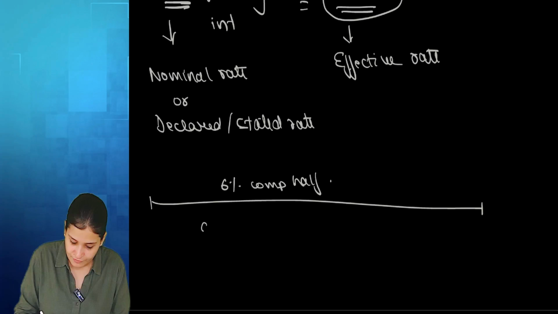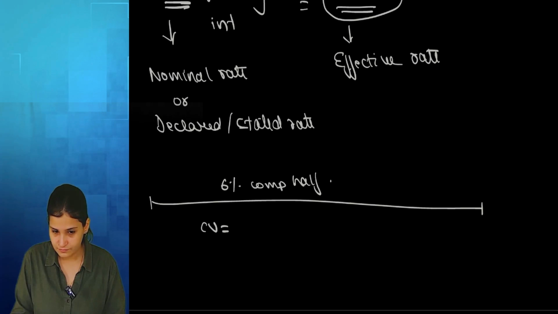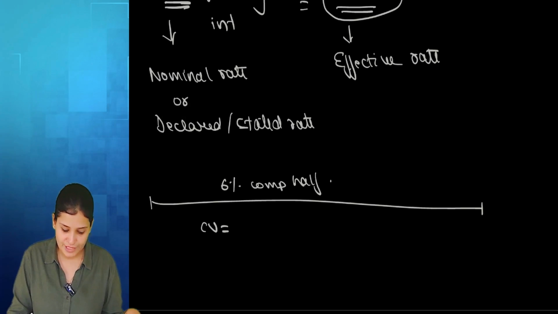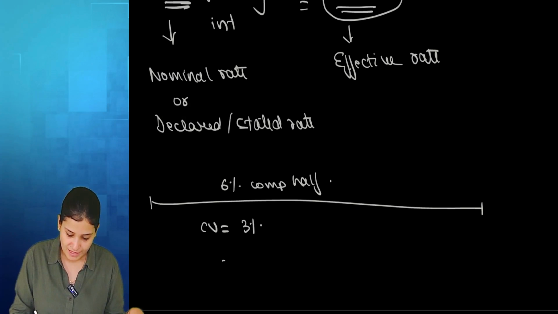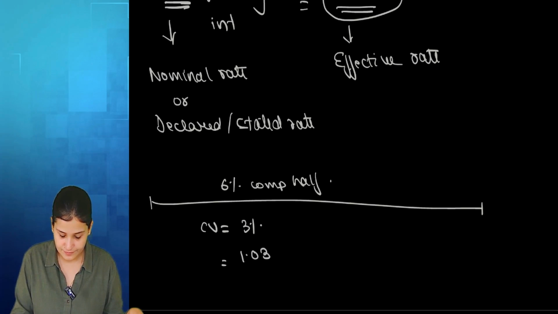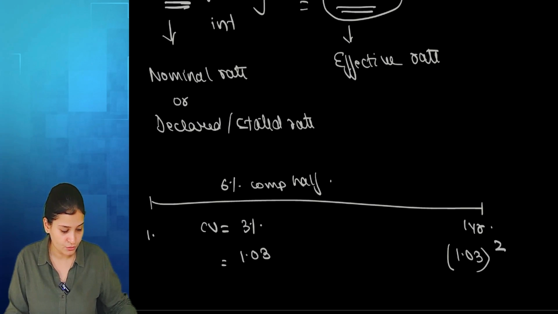What will be my compounding value? 6% half yearly will be taken as 3%. So my compounding value will be 1.03. So rupee 1, if invested for 1 year, will become 1.03 to the power 2. Do you agree?